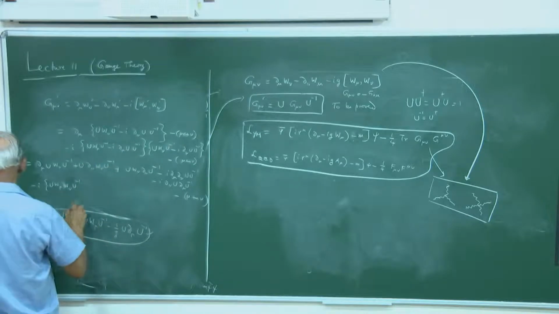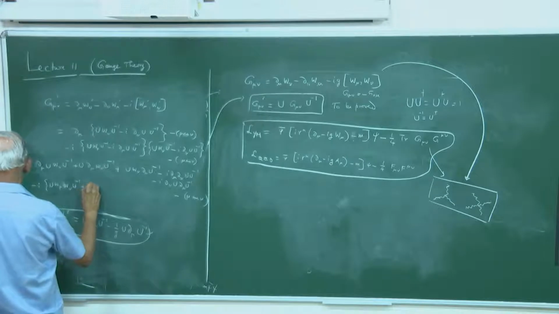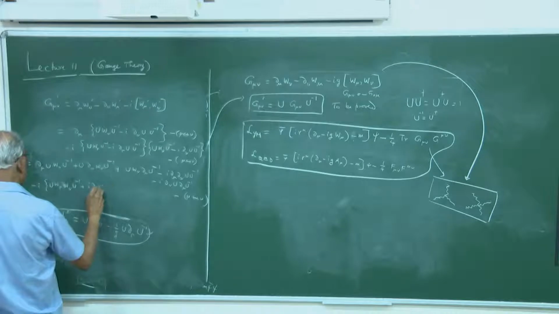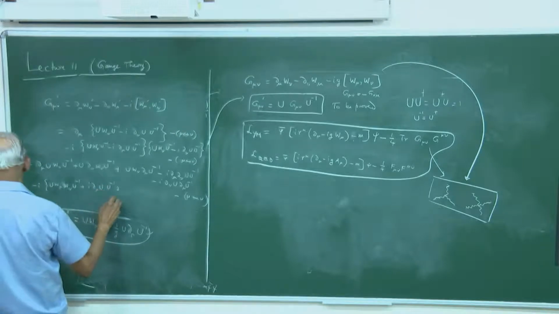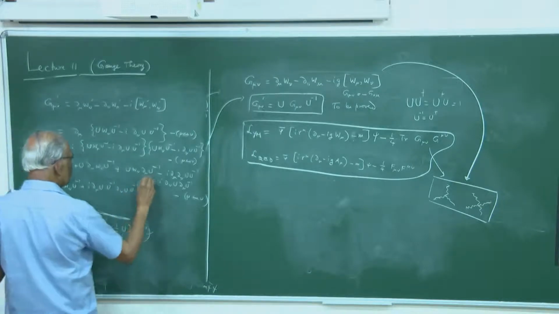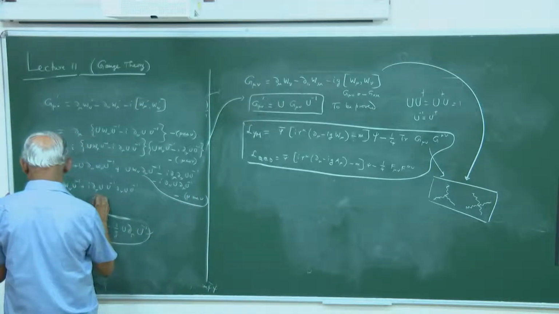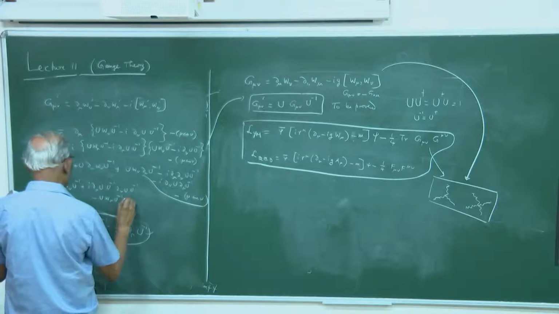So that is why W mu comes. So similar things I have to continue to do. This is d mu U into U inverse. So that cannot be removed because this is d mu U into U inverse. This is again d nu U into U inverse, minus U W mu U inverse.